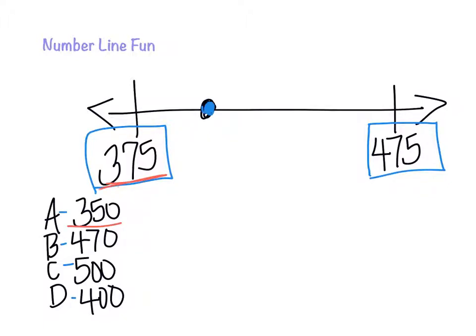Well, if my start is 375, where exactly would that go on my number line? Now remember, I have a start and an end number on this number line. So my job is to figure out where 350 would go. If I start at 375, is the number 350 greater or less than 375?